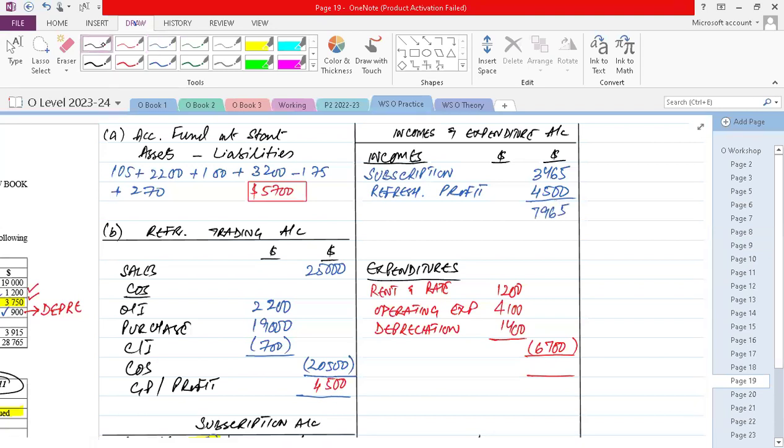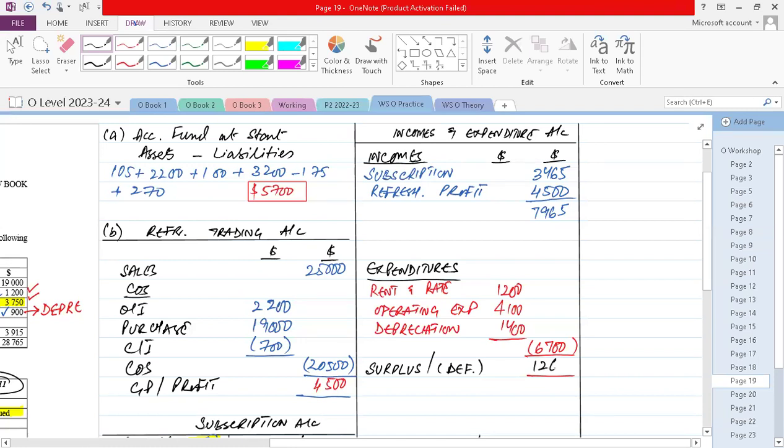Sorry, we need to find the difference: income minus expenditure gives surplus or deficit. So it's a surplus this time again, 1,265. For practicing purposes, you can make its SFP and check whether SFP is balanced or not.